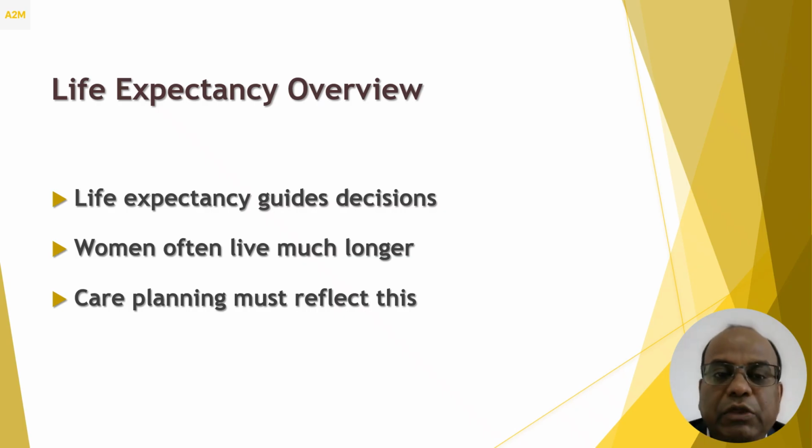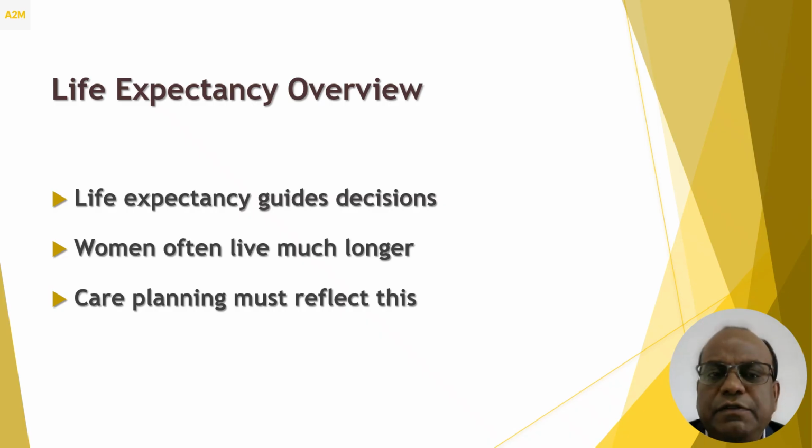When we know someone may live 5 to 10 more years, we may focus on long-term plans, injury prevention, and healthy habits. But when life expectancy is shorter, we may focus more on comfort care, safety, and emotional peace. But it is important to remember life expectancy is only one part of the picture.